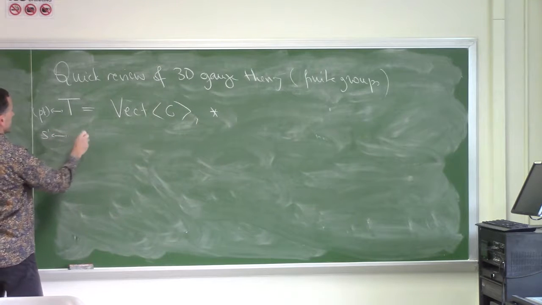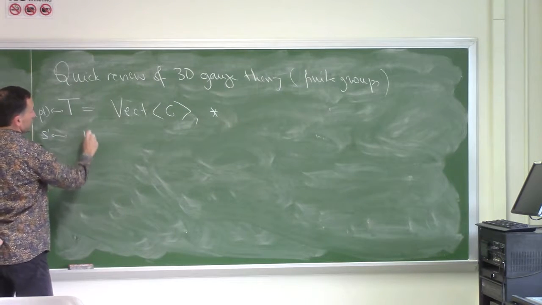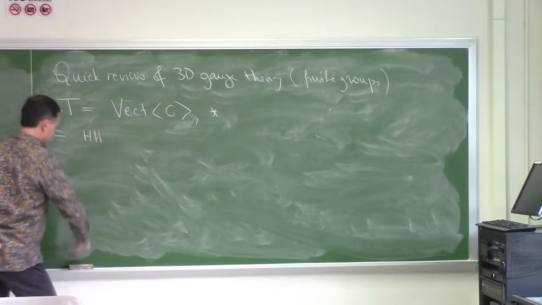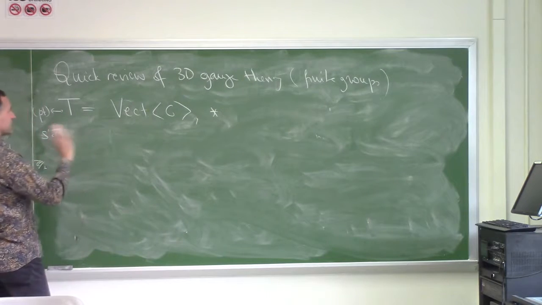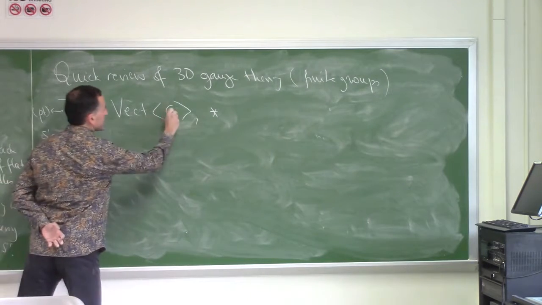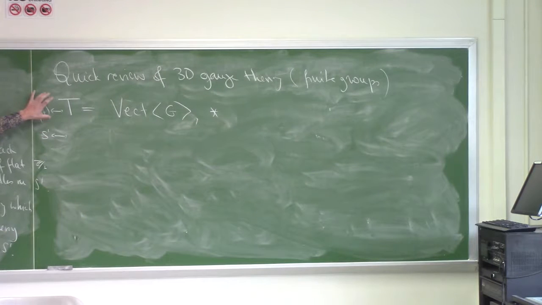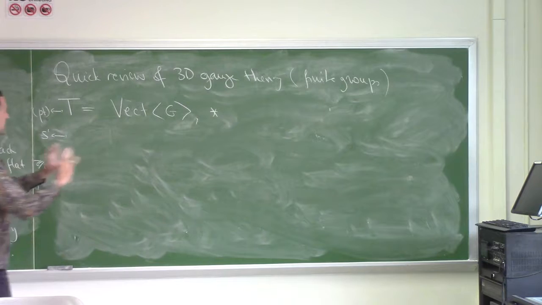S1, I just tell you, is a category, the categorical Hochschild homology. I can afford to be sloppy here because this is in fact unoriented theories. I don't have to be careful about orientations, framings, or anything.